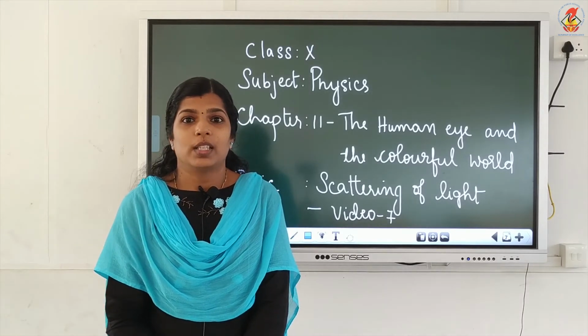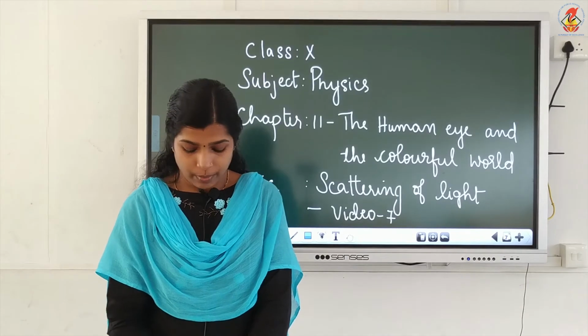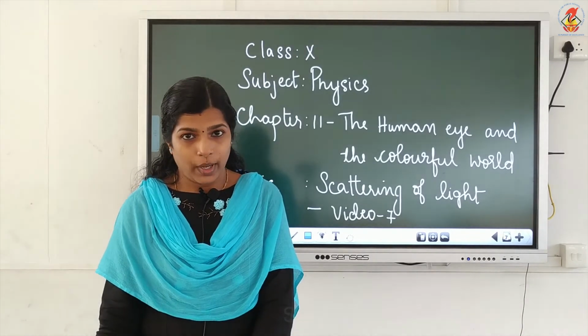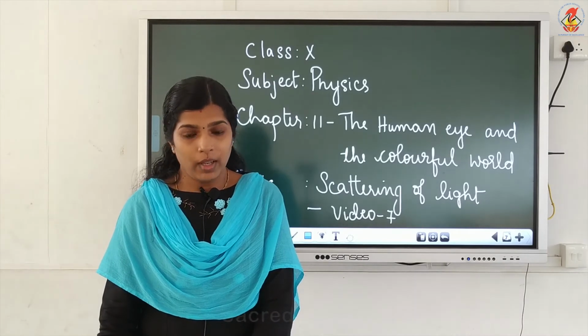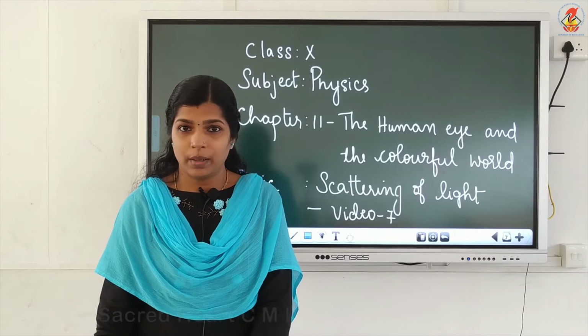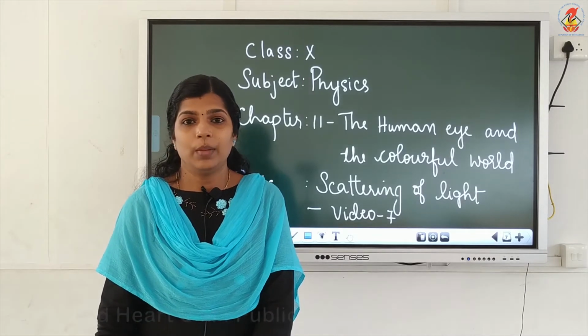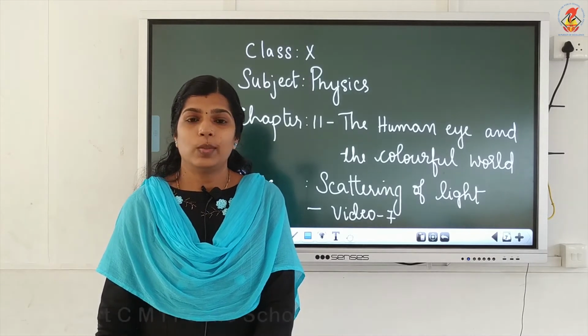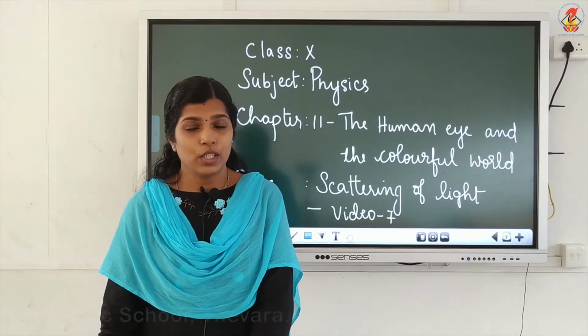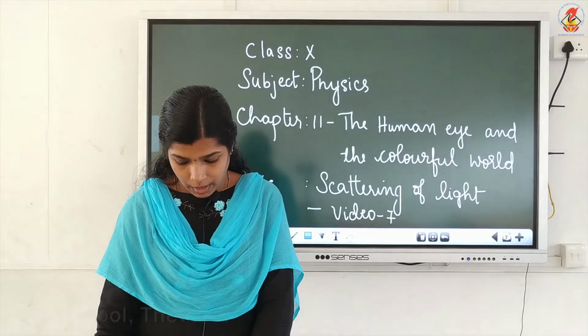That is known as Tyndall effect. So, here scattering of light depends upon two factors. First one is the wavelength of the light used, and second one the size of the scattering particles.